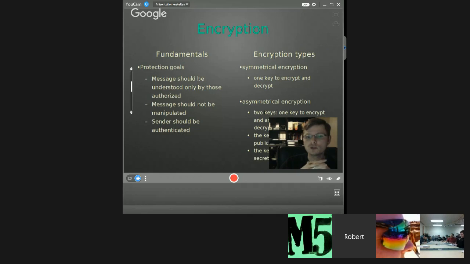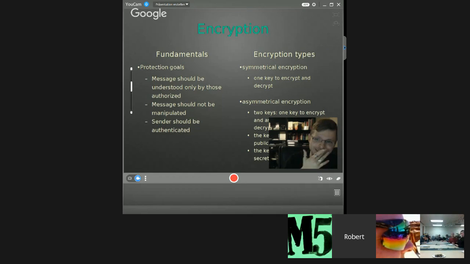Symmetrical encryption means you have one key to encrypt and one key to decrypt, and that's exactly the same key. So it's basically like your door lock. You have the same key to open and to close it. And then there's asymmetrical encryption. That's basically two keys. You have one key to encrypt data and one key to decrypt data.